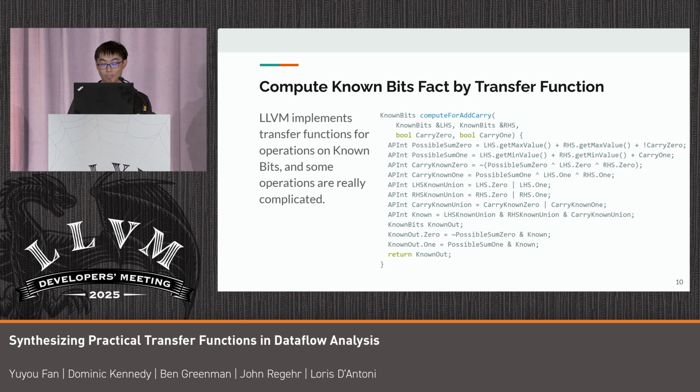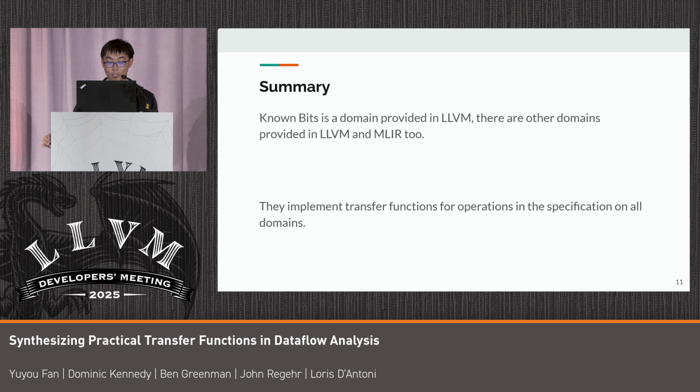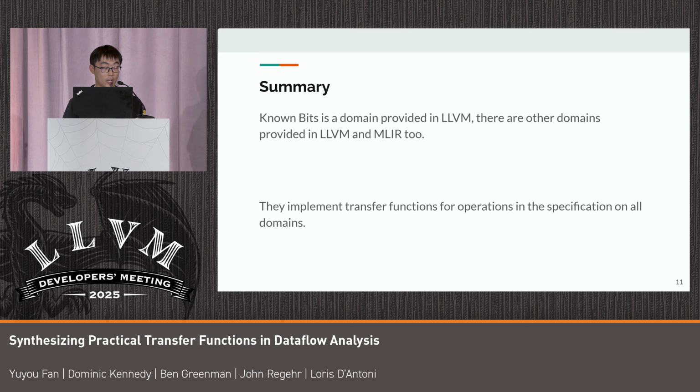At least it's not intuitive. So here's a summary. Known bits is just one domain provided in LLVM, and there are other domains like integer range or liveness information provided in LLVM and MLIR. LLVM and MLIR implement different transfer functions for different operations, defining a specification on all domains.